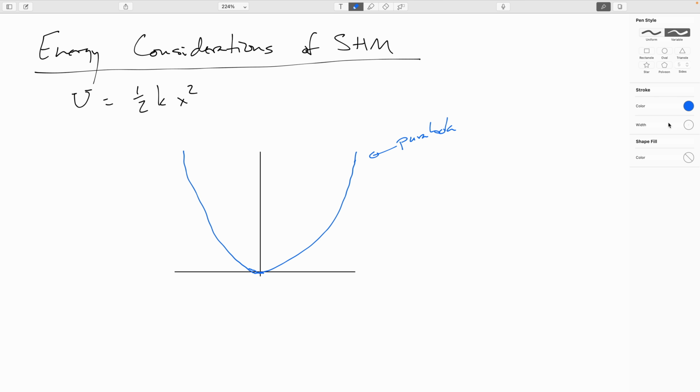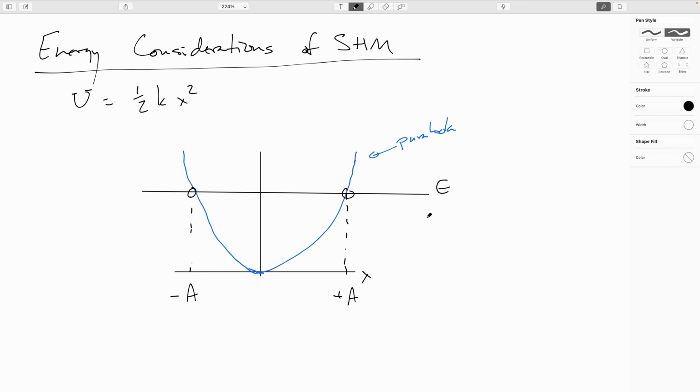And if you remember from before, we could find the turning points of the motion by plotting the total mechanical energy, E. And where we intersected here and here were the turning points. So the turning points will correspond to plus and minus the amplitude.